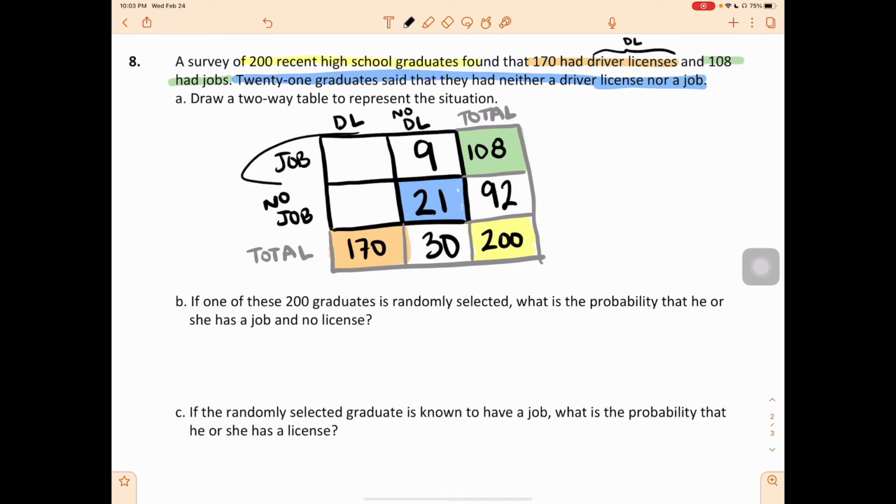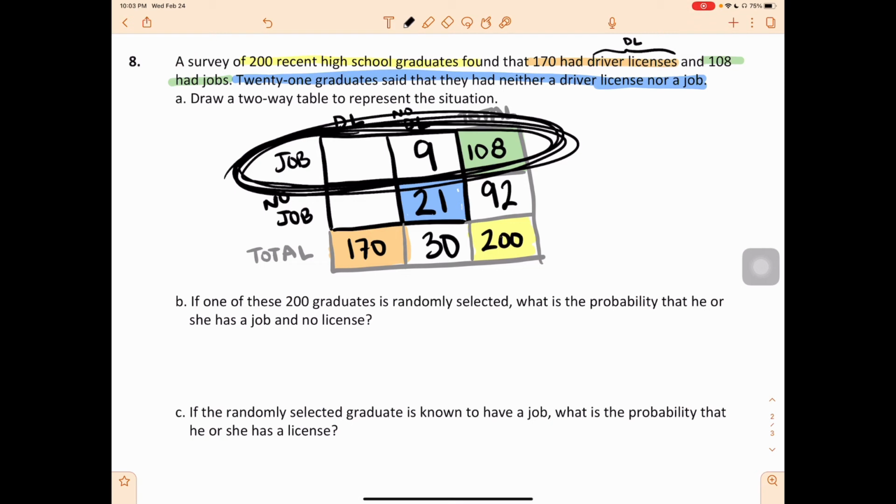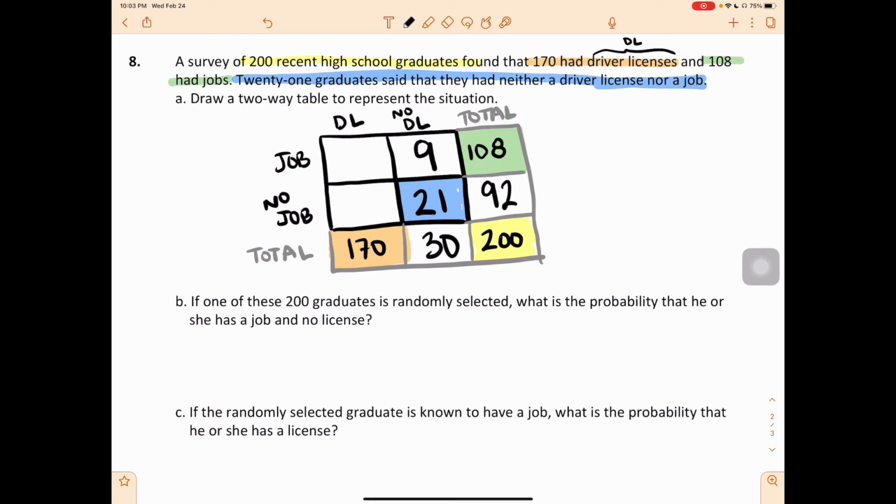And now we have to start going sideways. So this one here is those students who have a job. So these first two boxes need to add up to 108. So this box here are the students who have a job and have a driver's license. And this box here is they have a job, but they don't have their driver's license.